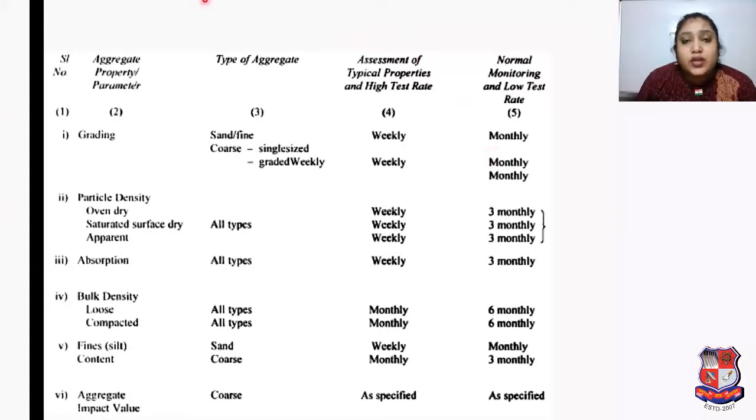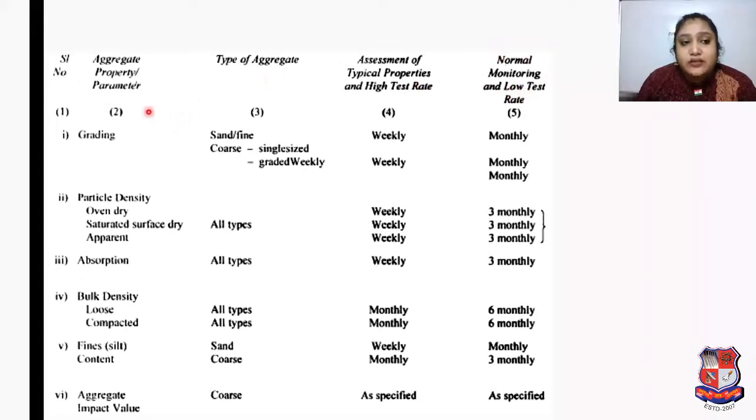So here you can see the frequencies of tests. If we see the table, then here serial numbers are given, aggregate property parameter is given, type of aggregate is given, assessment of typical properties and high test rate is given, normal monitoring and low test rate is given.